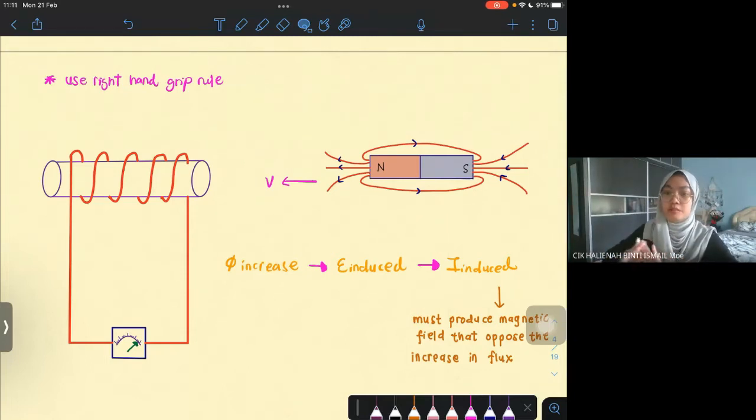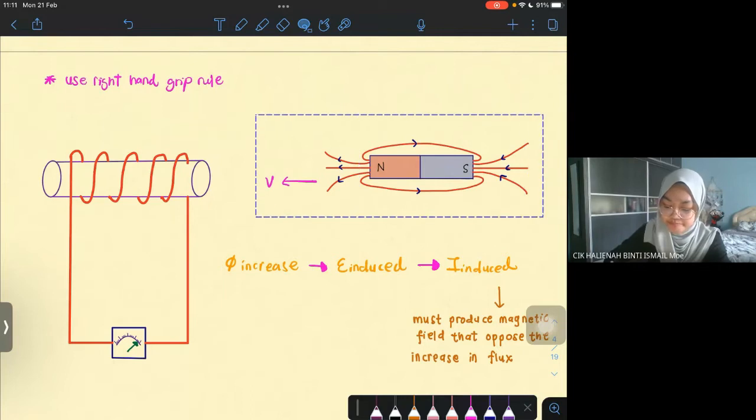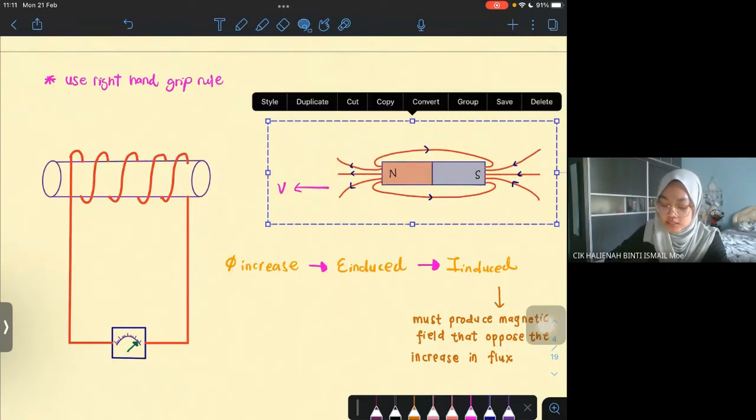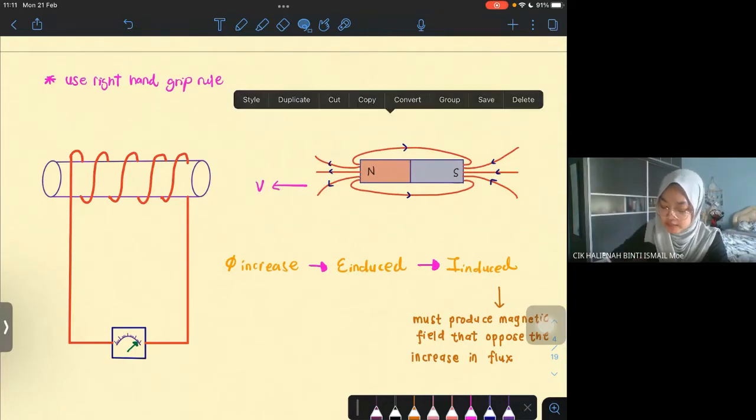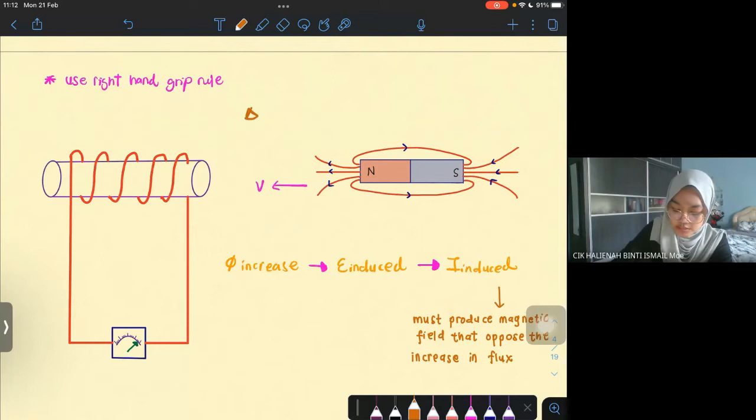Okay, so lepas Michael Faraday ni sudah kaji, okay, dia dapati bahawa the change here, dia dapati bahawa there is a change in magnetic field actually. There is a change in magnetic field. So apabila ada perubahan dalam magnetic field, akan ada perubahan dalam magnetic flux.